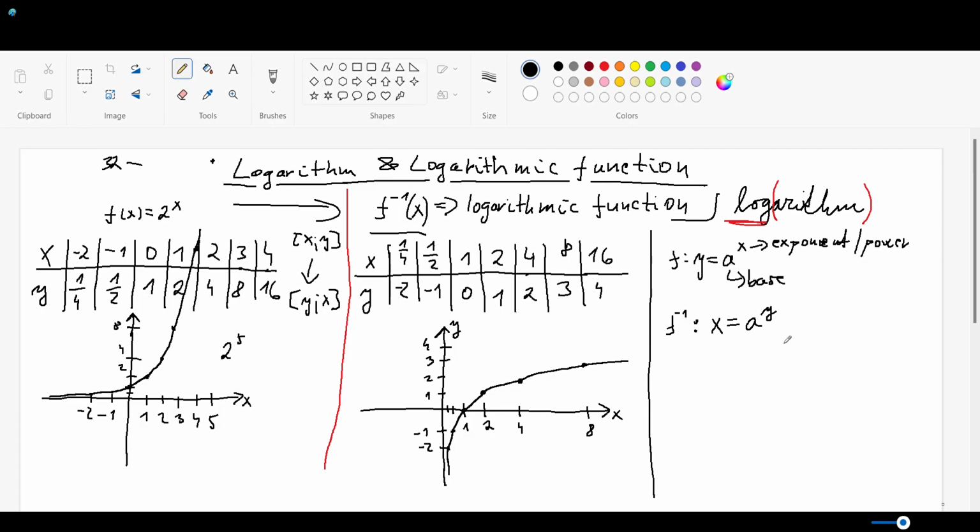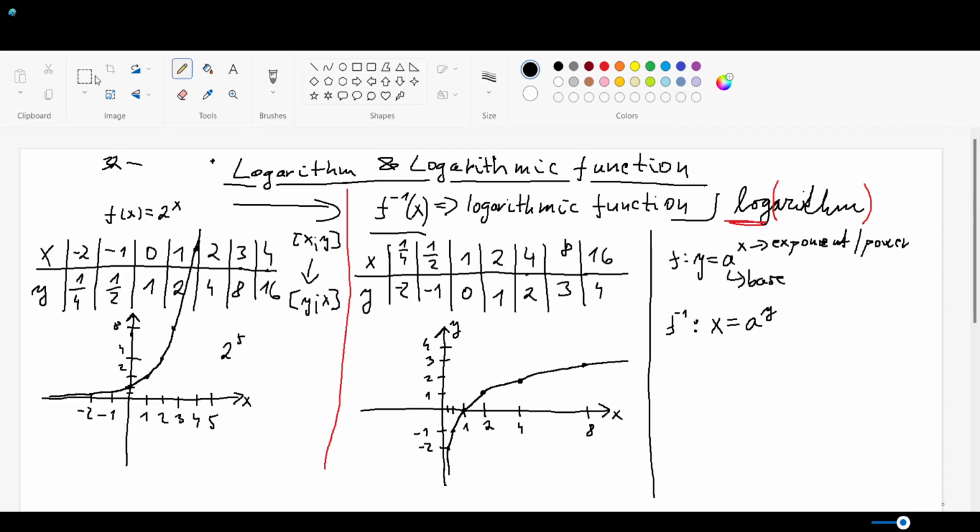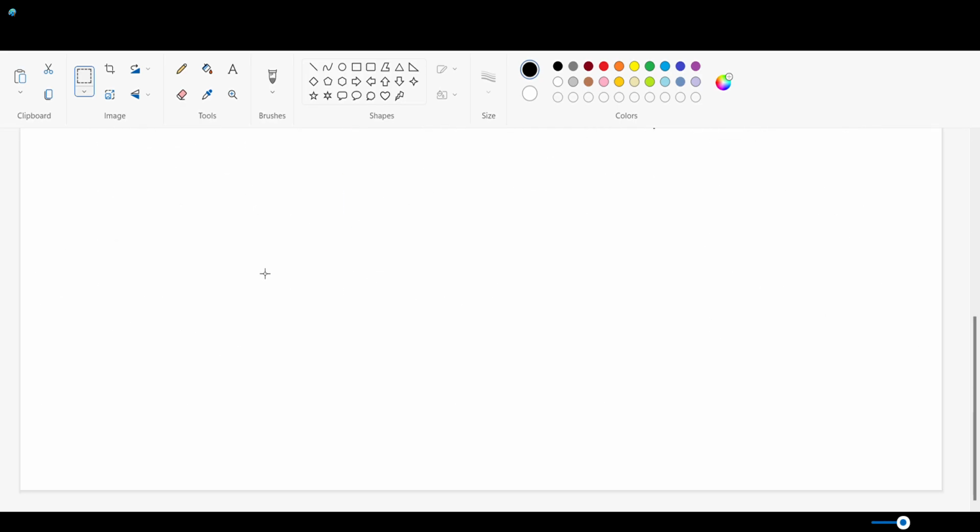Now the question is, what do we do, how do we do it and why do we do it, so that we really get the definition of the logarithmic function. Let me just take this one so that I have enough space for explanation and that you will see everything on the screen.